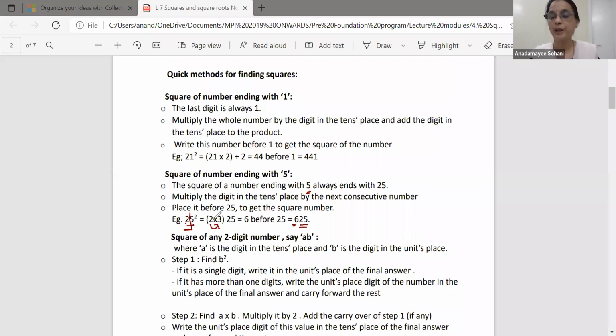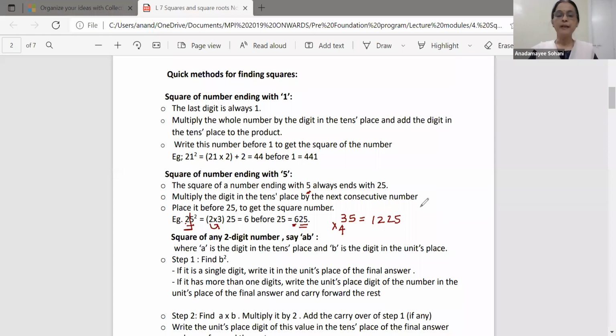25 square is 625. If I want to find 35 square, I will write 25 as a rule, and I will multiply 3 by 4, the next number. 3 4s are 12. So 35 square is 1225. Shortcut. So any number ending with 5, I can find.